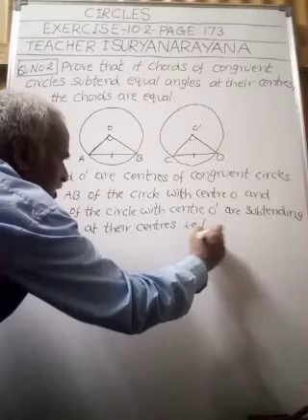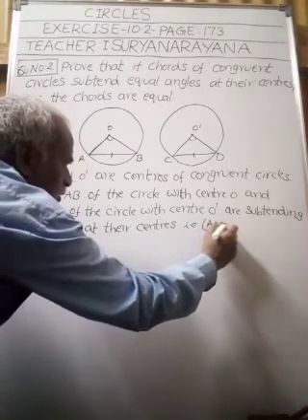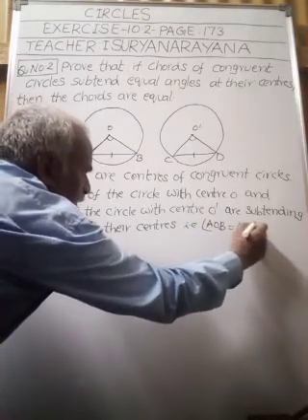That is, angle AOB is equal to angle CO dash D.